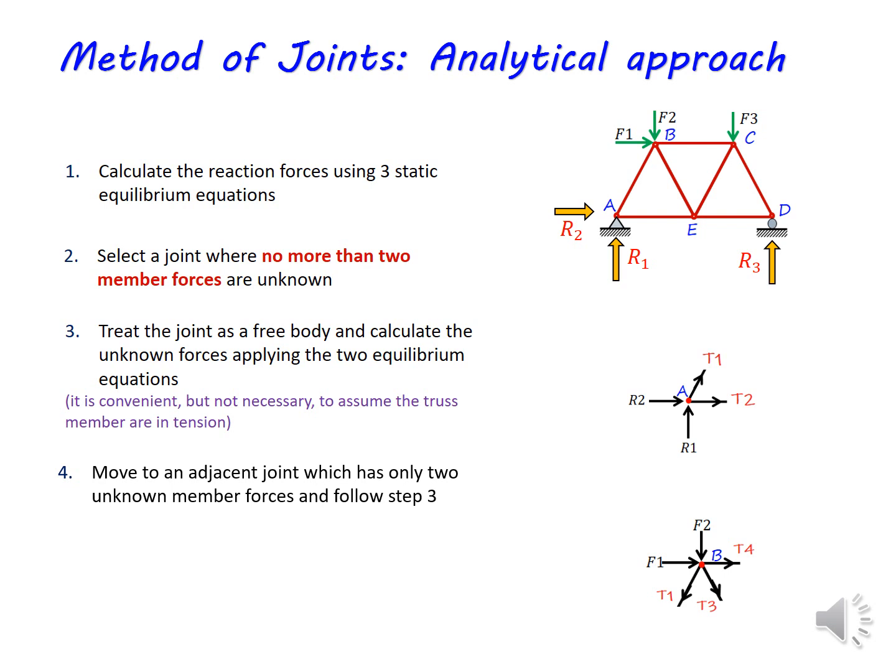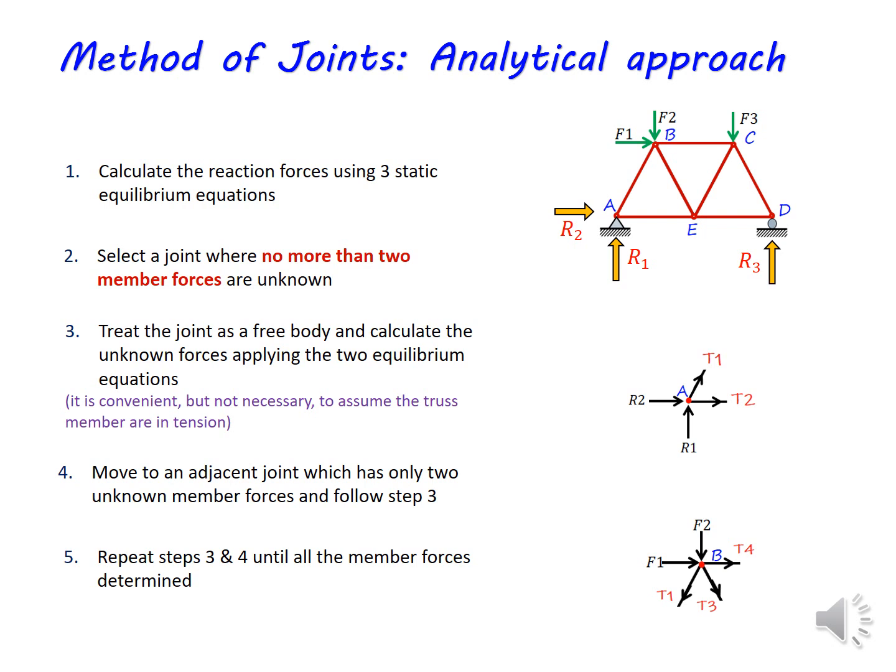So we can draw the free body diagram and obtain the member forces T3 and T4 by analyzing this joint. Similarly, we can repeat steps 3 and 4 until all the member forces are determined. So this is basically the procedure we have to follow to analyze a truss using the analytical approach.